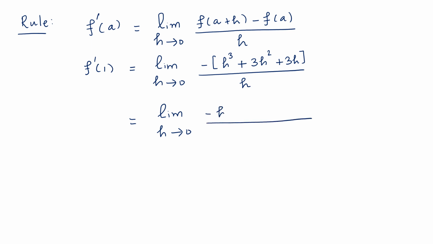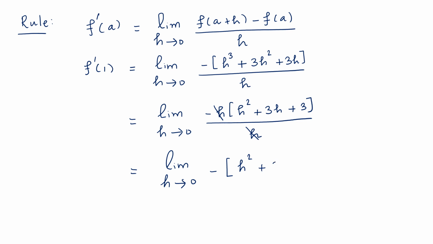So minus h times the remaining, h square plus 3h plus 3, over h. This h and this h I can delete. Now limit h tends to 0 of minus of h square plus 3h plus 3. By direct substitution, h replaced by 0, what we have is equal to minus 3.